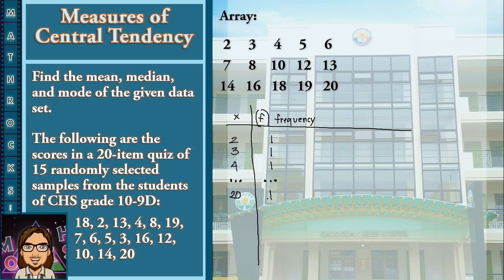Since there is no observation having the highest frequency, we cannot identify or determine a mode for this particular data set. So how do we write our answer for this? Normally, having no mode, we say that there is no mode, to be specific, or something like x current be none. Okay?